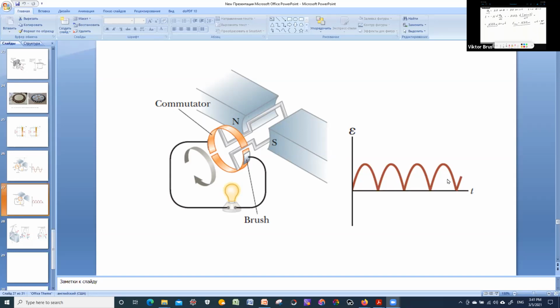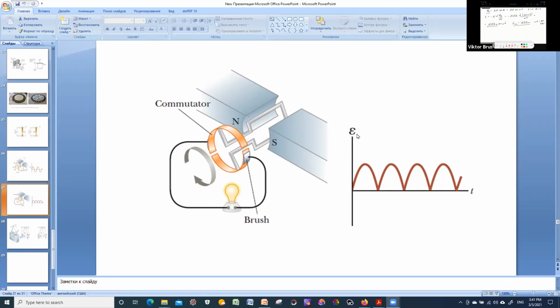Obviously, it's not always what we want. Usually we prefer to have a straight line, DC and constant, not only constant in direction but also constant in magnitude, voltage and current. For this purpose, there are different approaches.